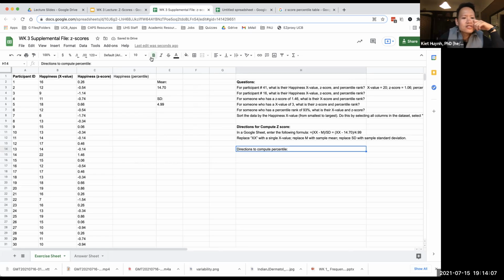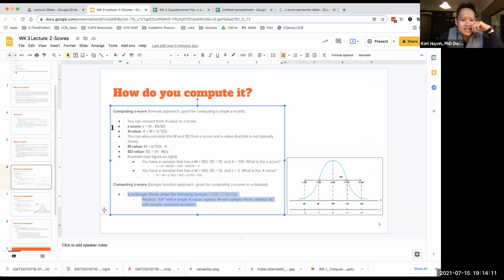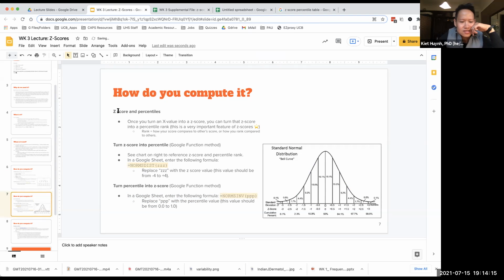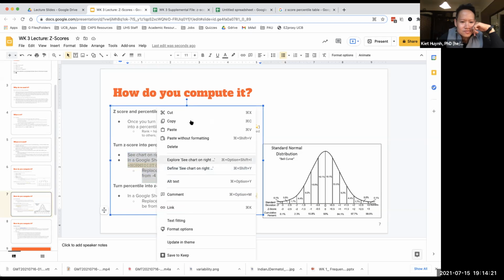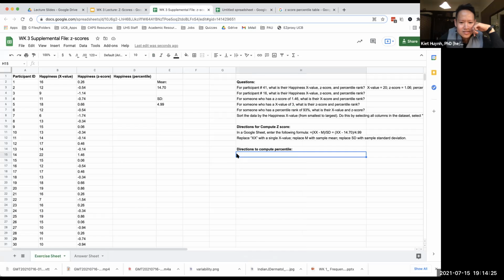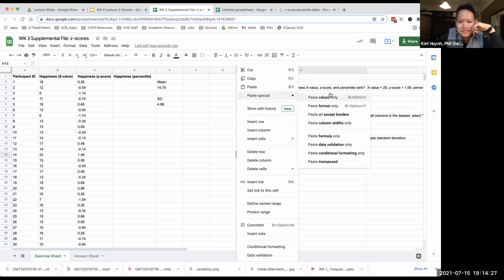Bold this to make it pretty, bold this heading as well. Okay, let's go back to the lecture and see how you compute percentile. Turn Z-scores into percentile. Okay, let's just copy this. Copy. And paste it here so we can refer to it easily.